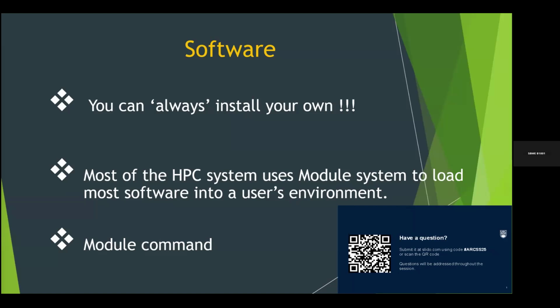When you log in to the system, for most of the systems, as far as I know, this applies to Sockeye and to all Digital Alliance systems, we are using the module utility. That's a very nice piece of software which allows us to present to the user the environment which they want. Right now we will be talking about these modules.